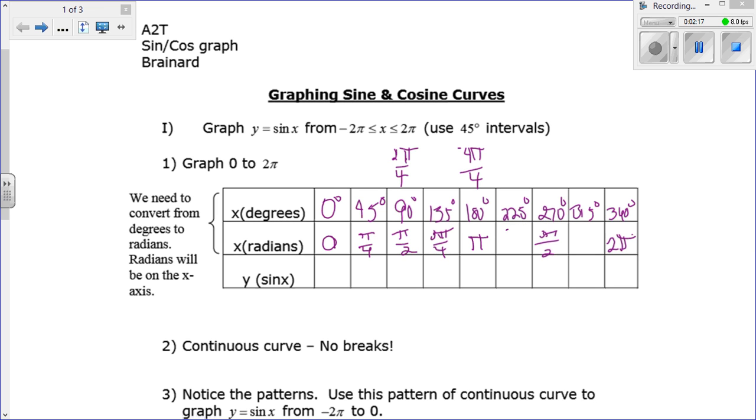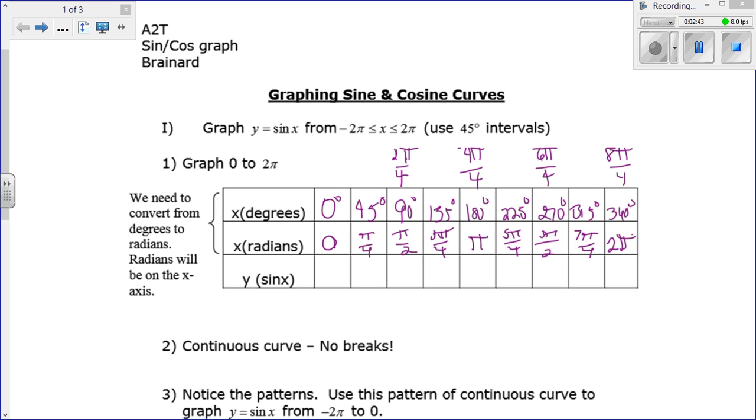So 225 is 5 pi over 4. 270 becomes 6 pi over 4, which reduces to 3 pi over 2. And then we have 7 pi over 4. And then this would be 8 pi over 4, which reduces to 2 pi. So really all I did was count by pi over 4s.